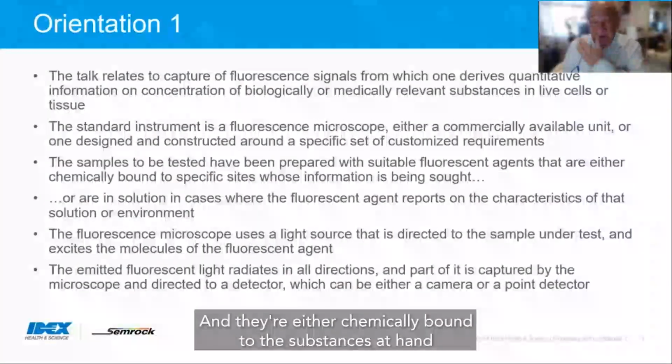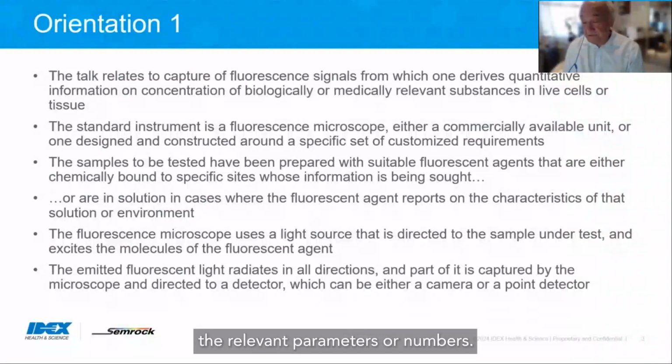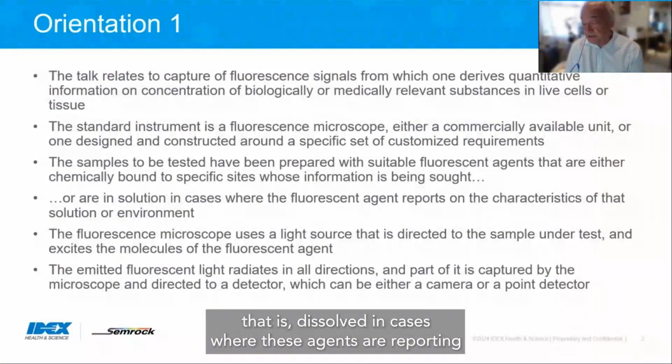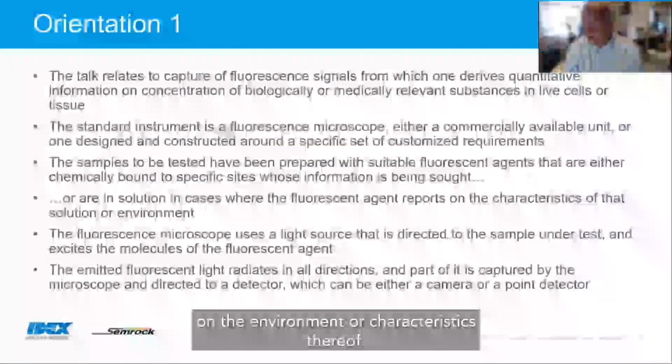And they're either chemically bound to the substances at hand, so that they can then indicate the relevant parameters or numbers, or alternatively, it might be in solution, where these agents are reporting on the environment or characteristics thereof.